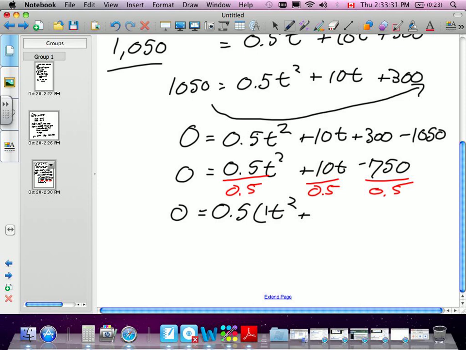We're taking it out. Okay? When we take 0.5 out of 10t, we get 20t. And when we take it out of there, we get negative 1,500.